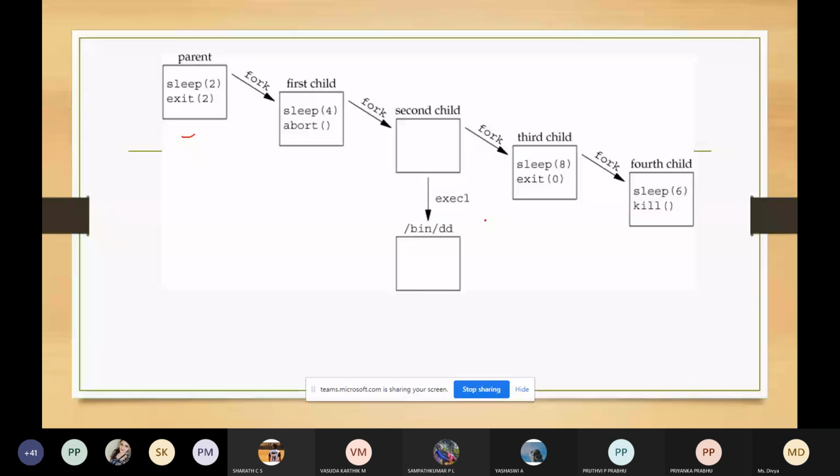Now we have to follow a few steps here. The first one is to get the accounting information about all these processes, 4 children and 1 parent. We need superuser privilege.